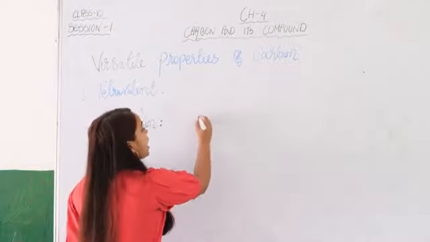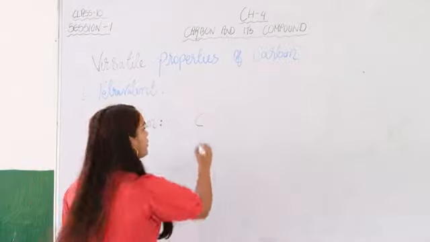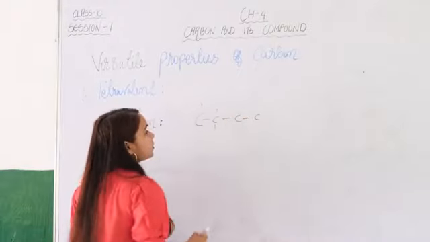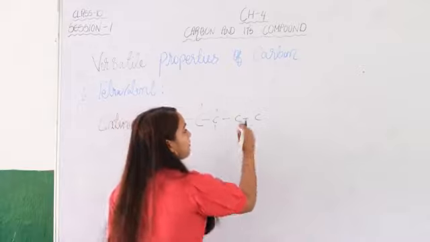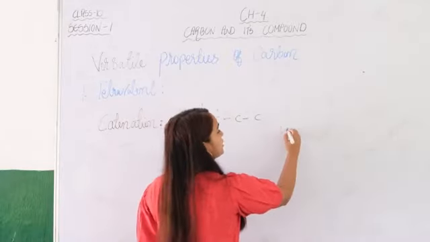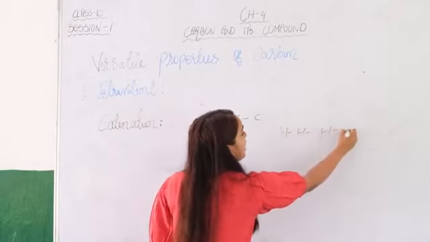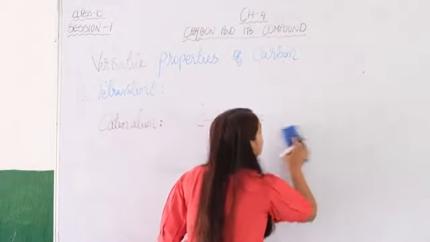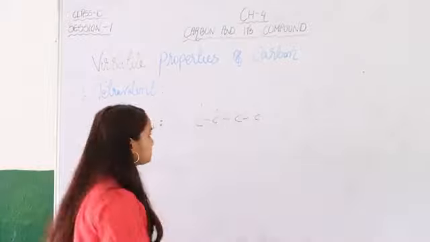That means carbon has a tendency to link with similar kind of atoms. You will never find other atoms having this catenation property. That means you will never see hydrogen bonded with just hydrogen. But carbon has this unique and very good property of catenation.